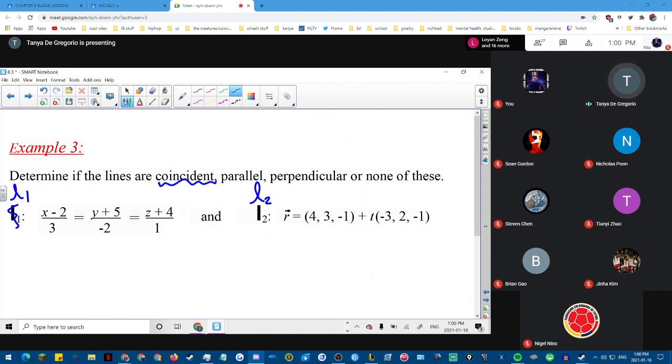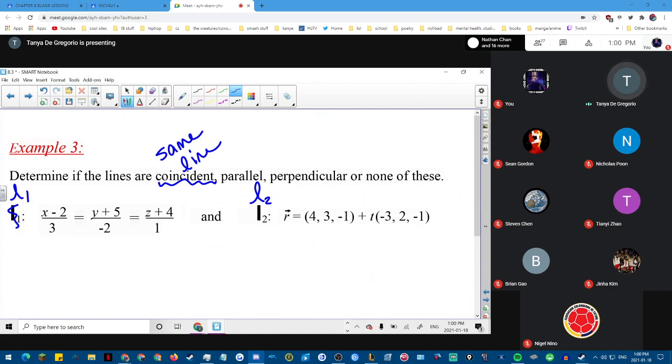When we use the word coincident in reference to lines? Same line. Excellent. When we say parallel, what does that mean? Same slope, or in this case, same direction vector. Yes, excellent. Very good. Or a direction vector that's a scalar multiple, right? Excellent. Okay, perpendicular or none of these.